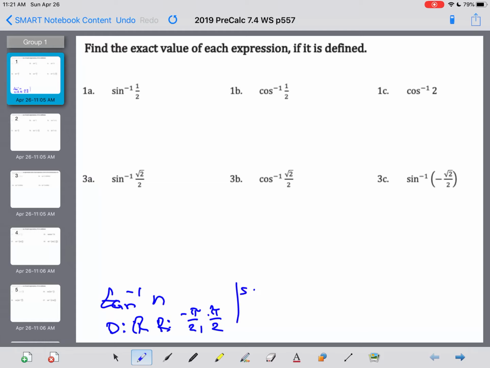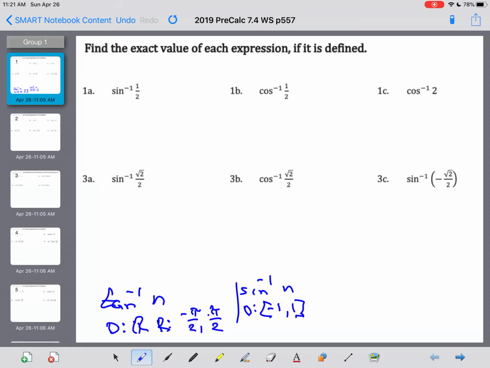Inverse sine of some value has a domain of negative 1 to 1, which means the minimum value we can plug in is negative 1, and the largest value we can plug in is 1. Anything less than negative 1 or greater than positive 1 results in an undefined response.